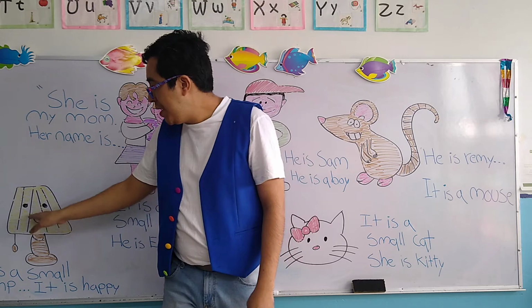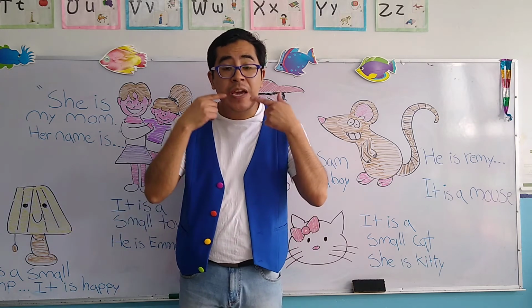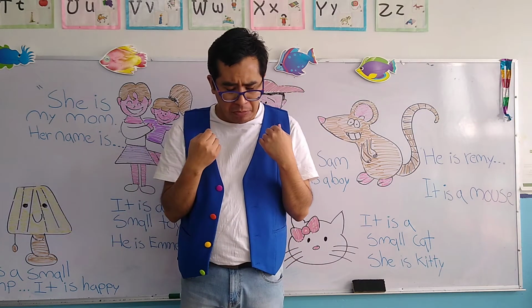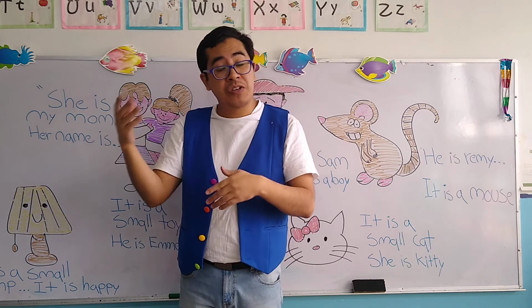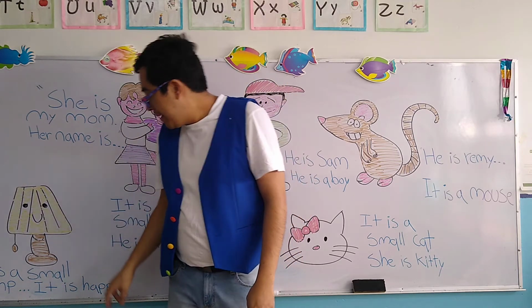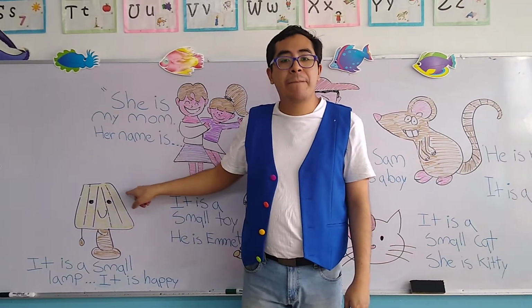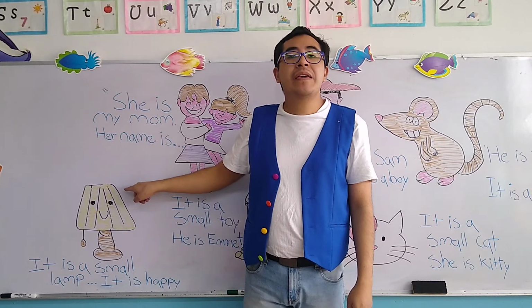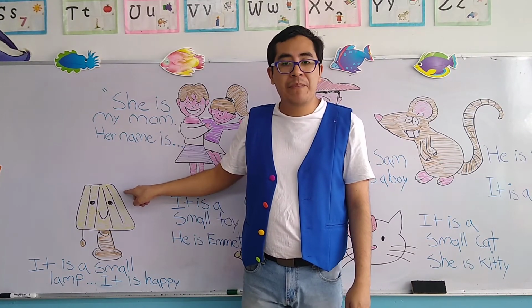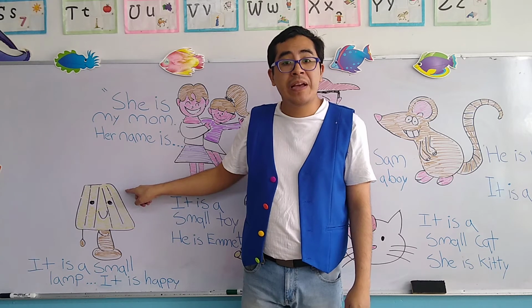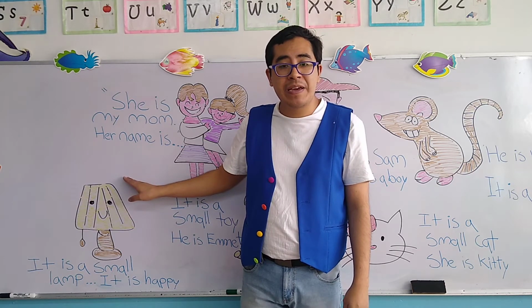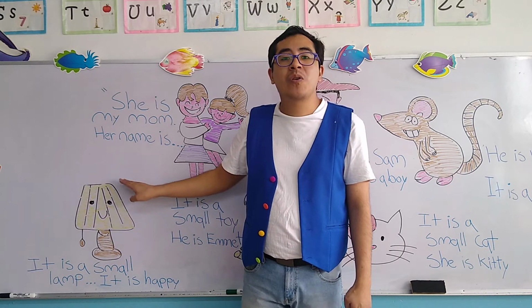Now, as you can see, the lamp, is she happy or sad? Happy. So let's continue with the sentence. It is happy. Está contenta. Es una lámpara pequeña. Está contenta.